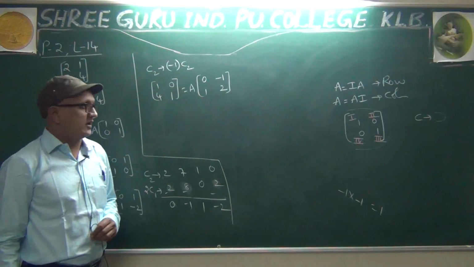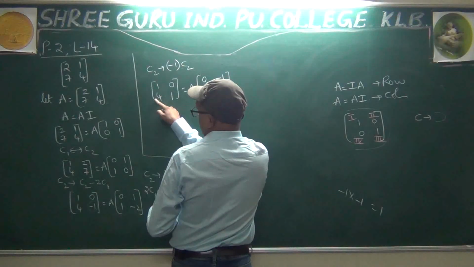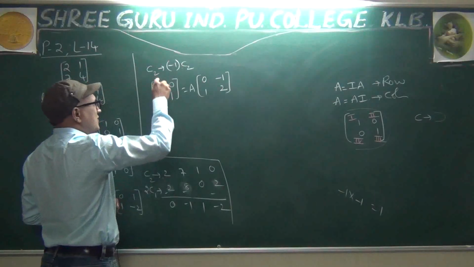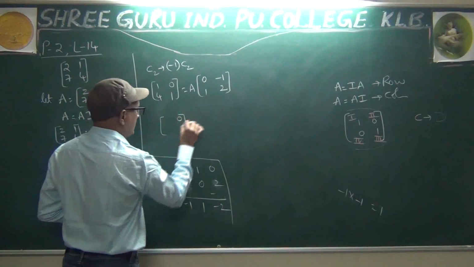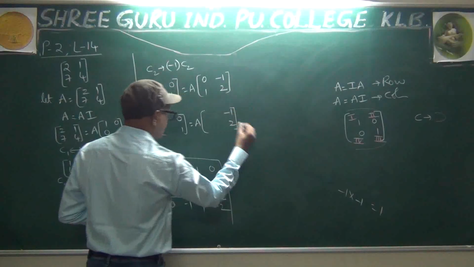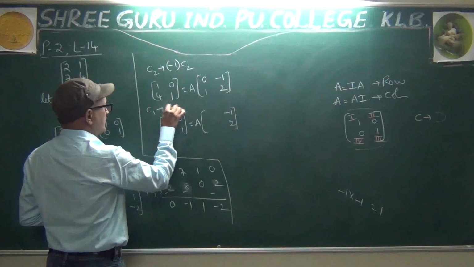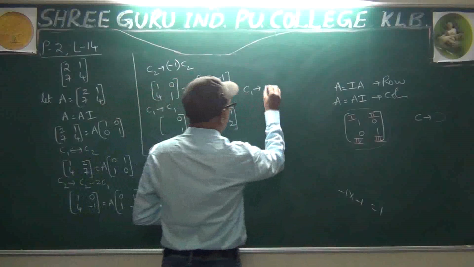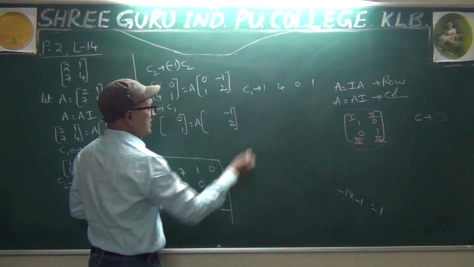Next, the fourth Roman letter. Where is the fourth Roman letter at this place? Here, this one. Where is it? In the first column. Nothing happened to the second column. Keep the second column as it is. The first column we are changing. First column 1, 4, 0, 1.